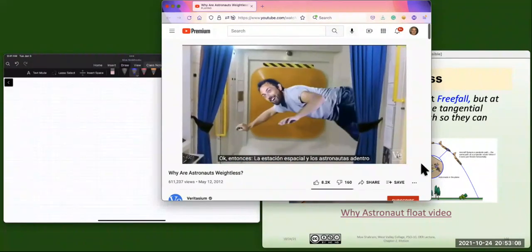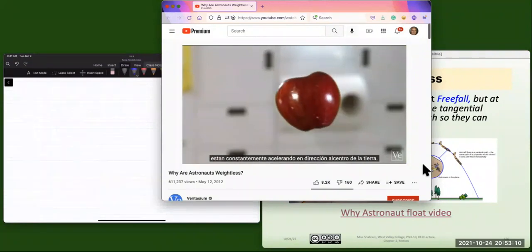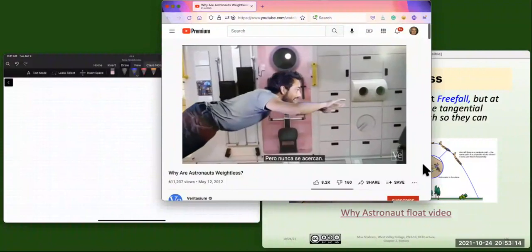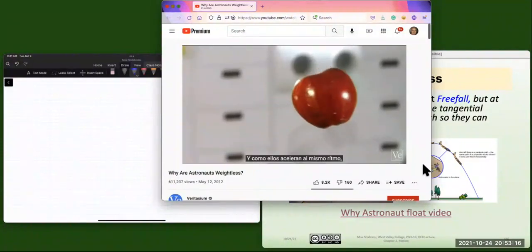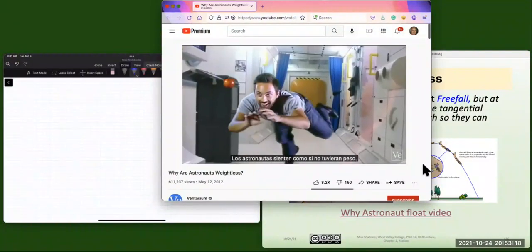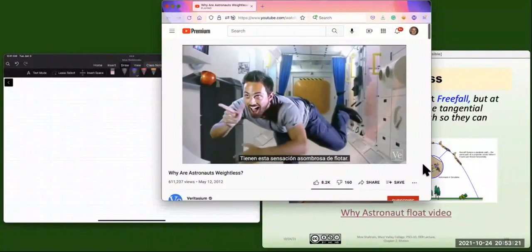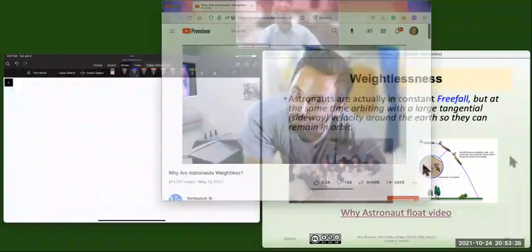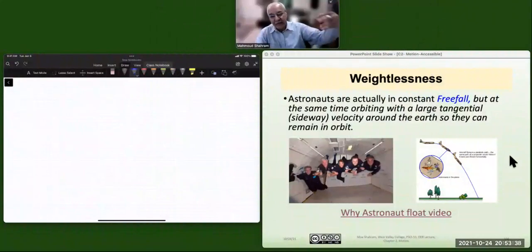So the space station and the astronauts inside are constantly accelerating towards the Earth's core, but they never get any closer. And because they're accelerating at the same rate, the astronauts feel weightless. They have this amazing sensation of floating. The moon is actually falling to the Earth, but because it has a tangential velocity, it's constantly orbiting around the Earth.